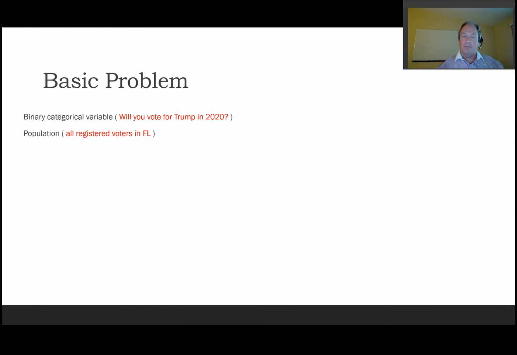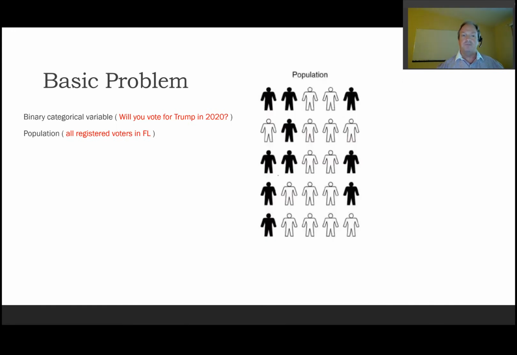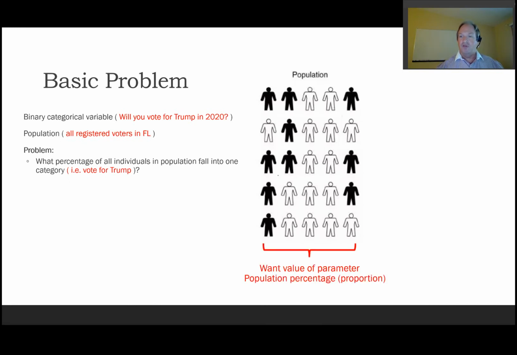And so we know what our population is. These are all the people that we would need data from to answer that question. And so what we want to know is the value of the parameter for this categorical variable. Remember what a parameter is for a variable. It's the one number we would want to compute if we could have all the values of that variable from the population.